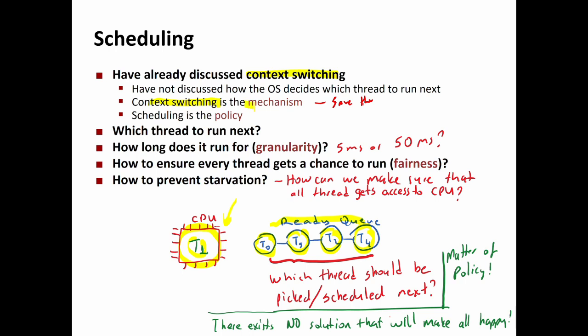Now that is called a mechanism, meaning that there's only one way to do this. You save the state, run the scheduler algorithm, which picks the next one, and then restore it. So there is only one way to do that.